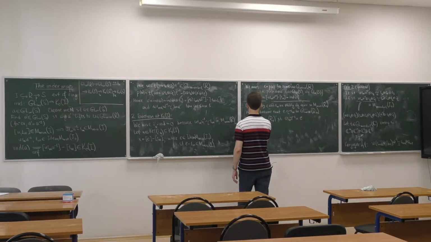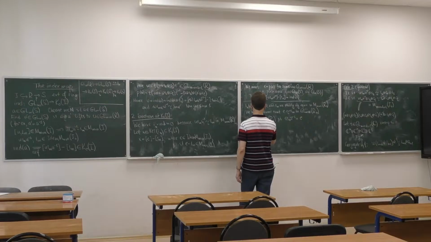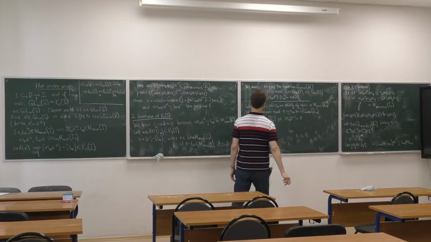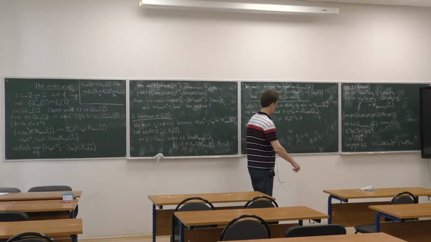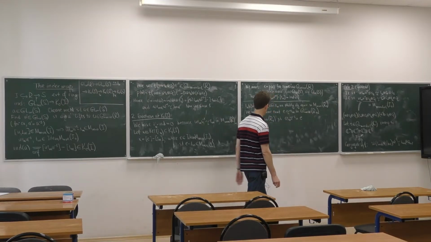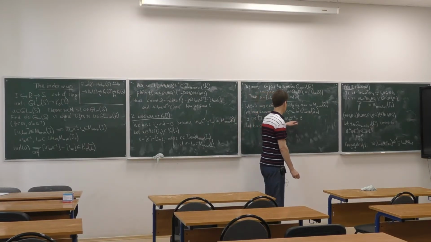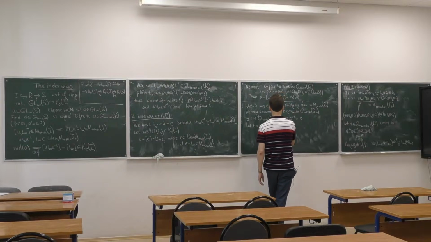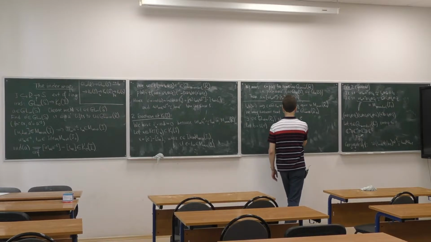Let B denote S of V. And again, as in the previous part of the proof, we apply S to this identity. We apply S, and what do we get? We get B 1m B inverse equals S of E.